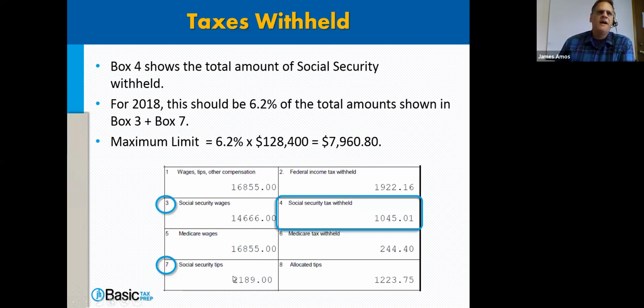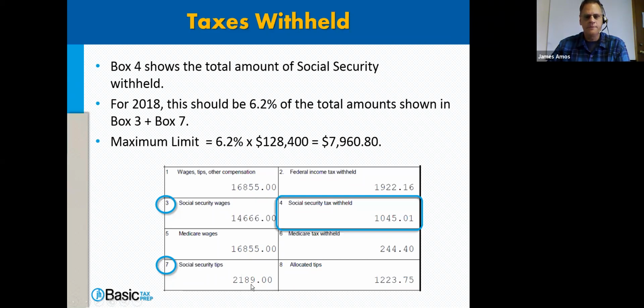So let's say you have a waitress and she's required to report everything that's $20 or more during the month. She's required to report all of that. And anything she fails to report, that's under $20 a month, or even what she fails to report that's over, she needs to put on her tax return, and it goes right here. And for Social Security wages, it's this amount plus this amount.